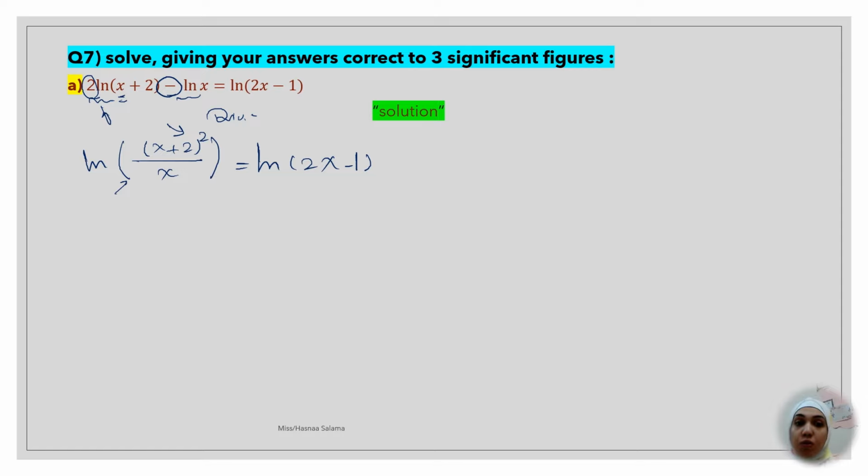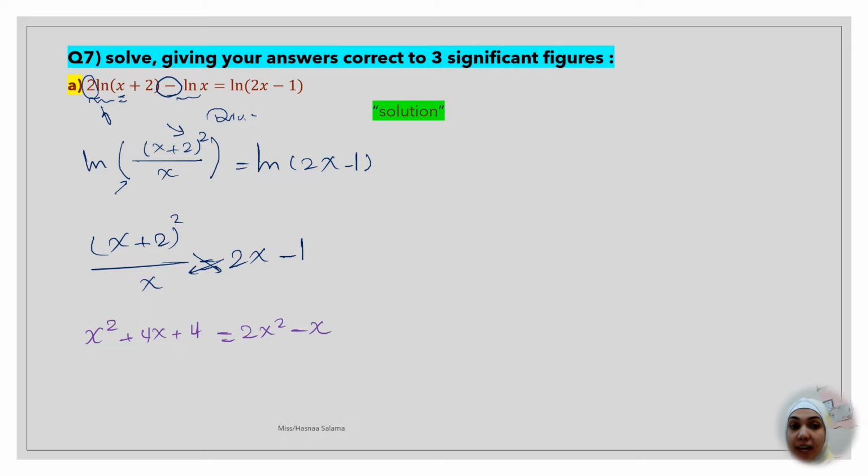After that, I will write it as an exponential function, meaning e for both sides. They cancel together, and I will write only the numbers inside the ln. So (x plus 2) squared over x equals 2x minus 1. Write it in the simplest form. This is very easy to solve. So x squared plus 4x plus 4 equals 2x squared minus x.